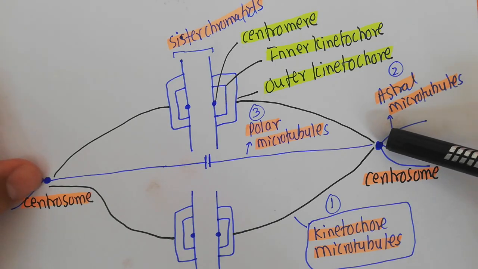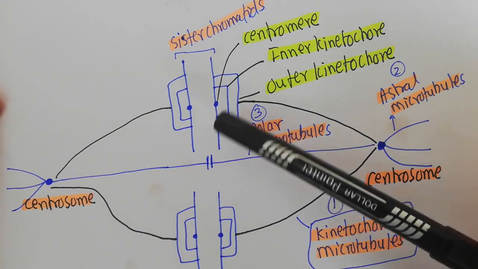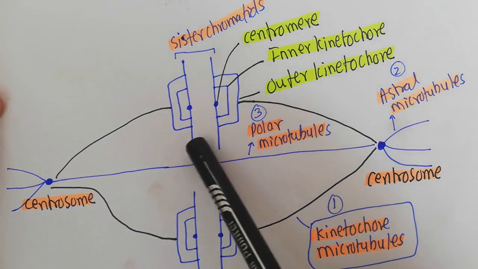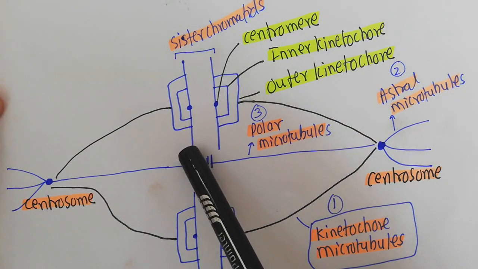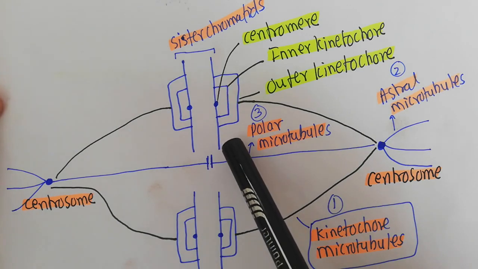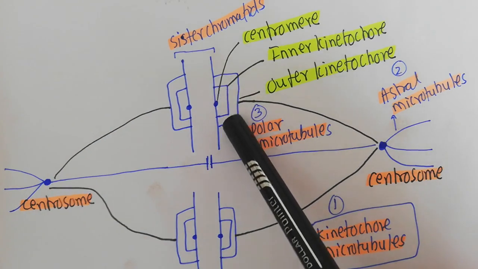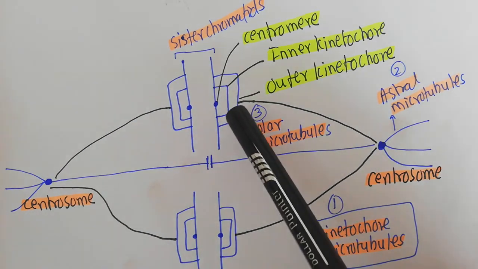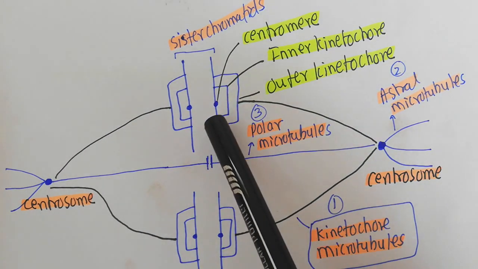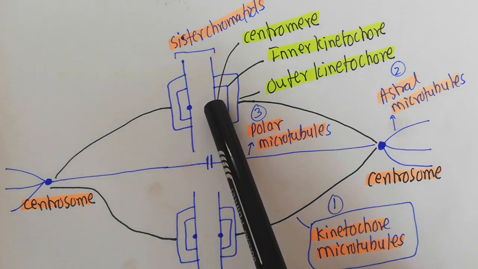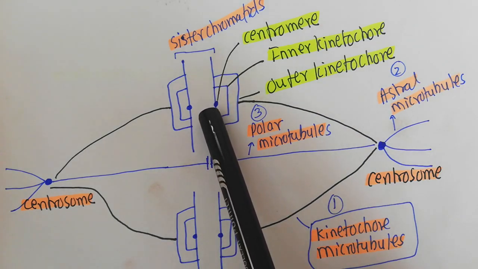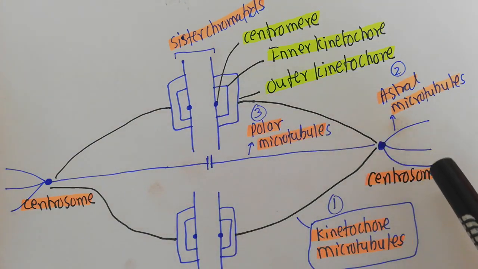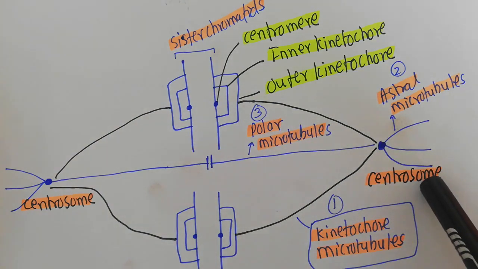If you remember, I've told you that this is a pair of sister chromatids. I'll be showing the things that are attached to all of the sister chromatids by giving you a single example over here. If you look at the sister chromatids, you have the centromere over here, and you should differentiate between the centromere and the centrosome. Centrosomes are the microtubule organizing centers.